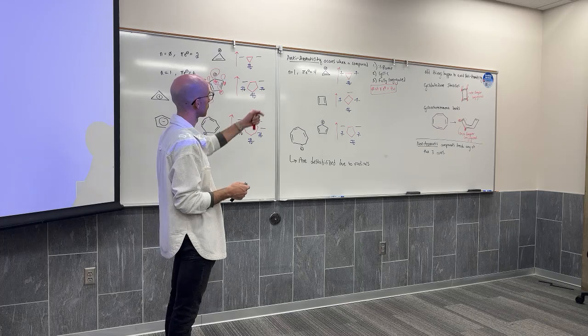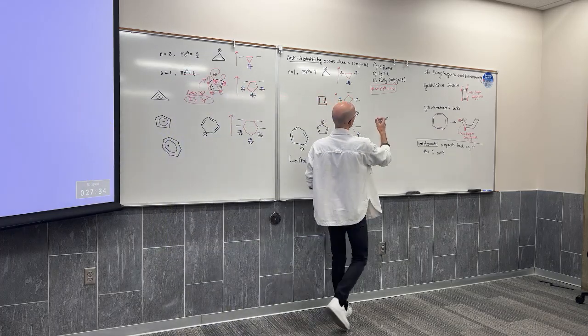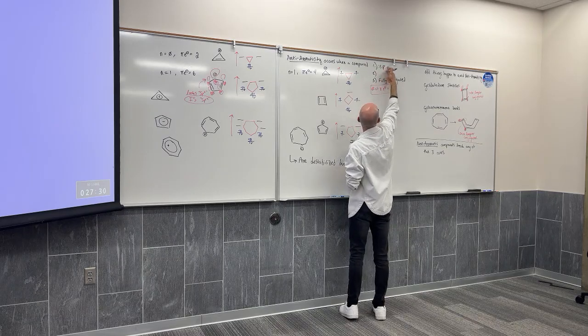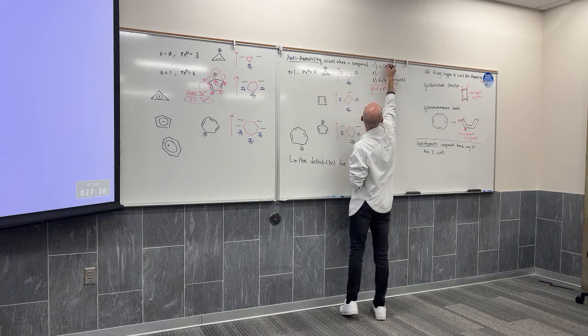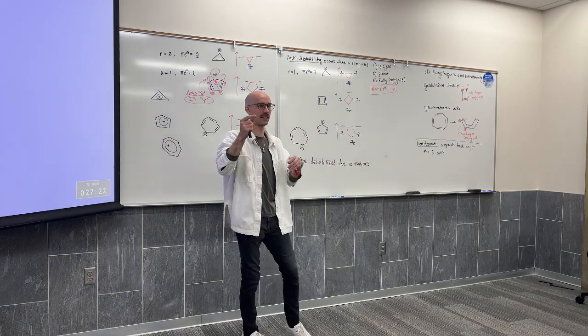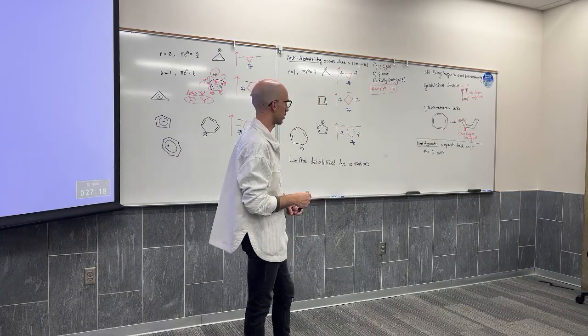Oh, I didn't realize when I did my anti-aromaticity, I switched cyclic and planar. I didn't mean to do that. It's not a priority list. It's not like it has to be cyclic more than it is planar, but I just like to keep it in the same order.